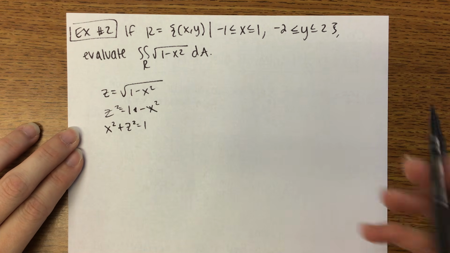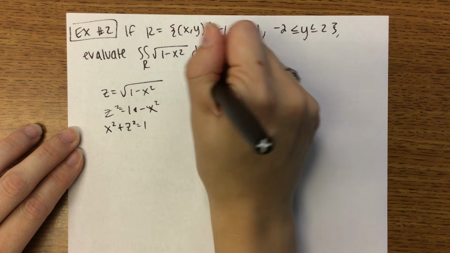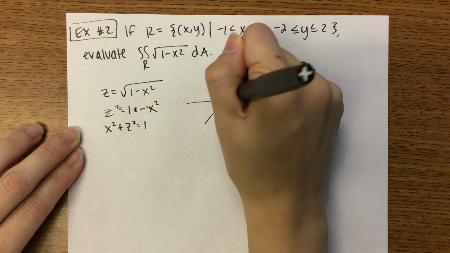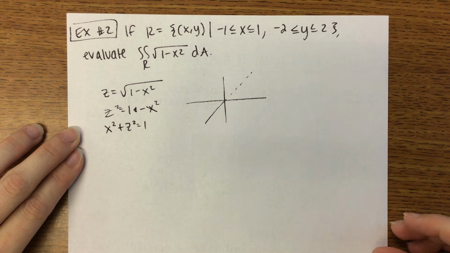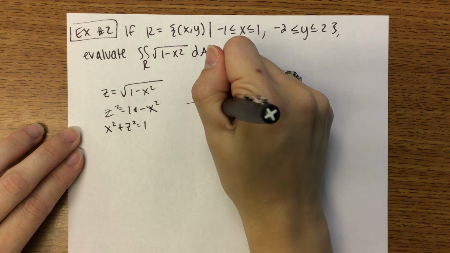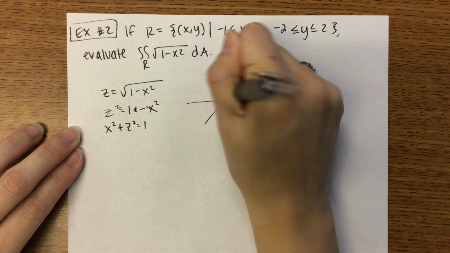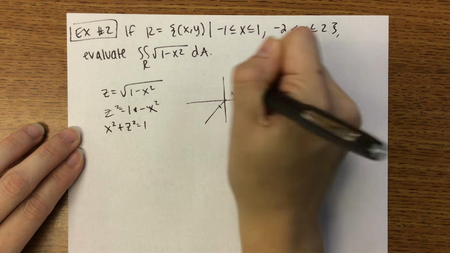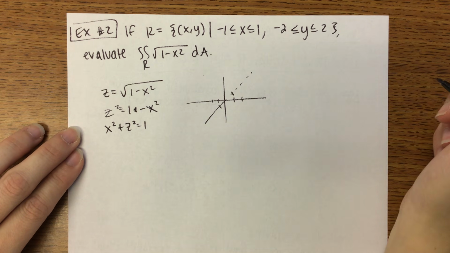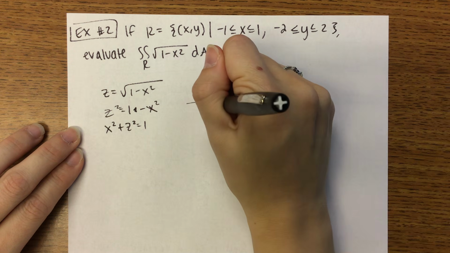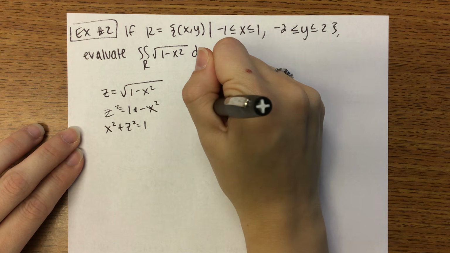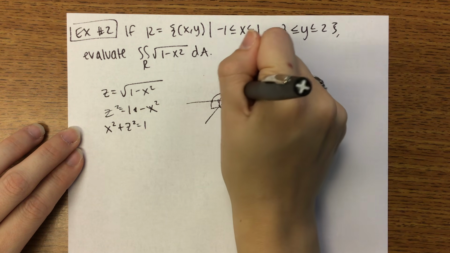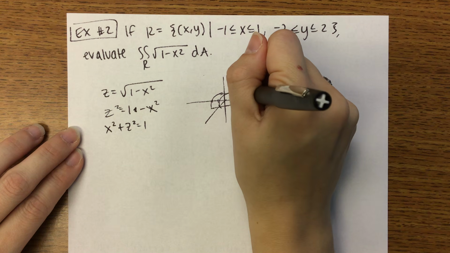Okay, so if we draw ourselves a picture, x is only between -1 and +1. Y is between +2 and -2. We have the cylinder that we're trying to find the volume of.